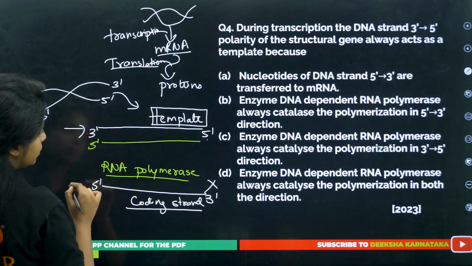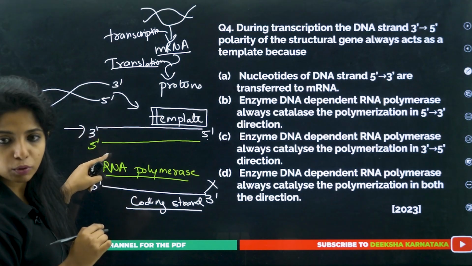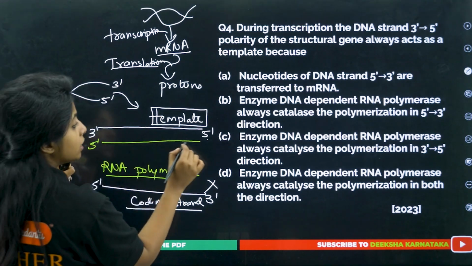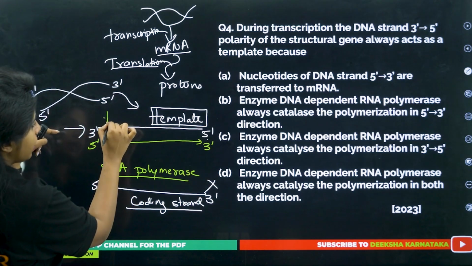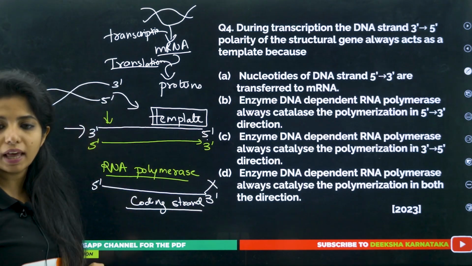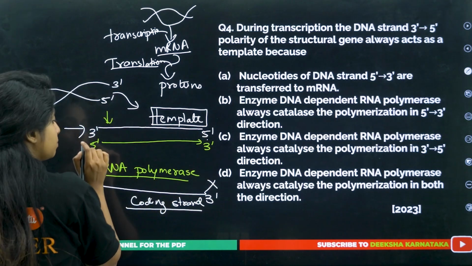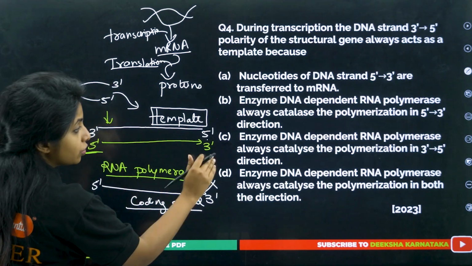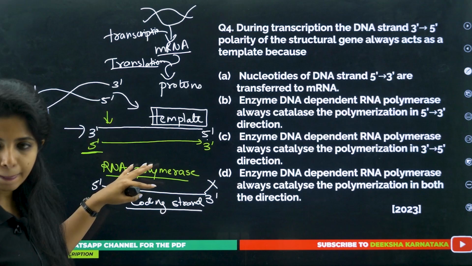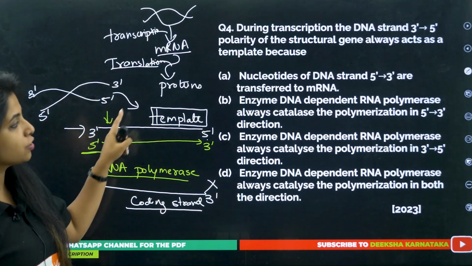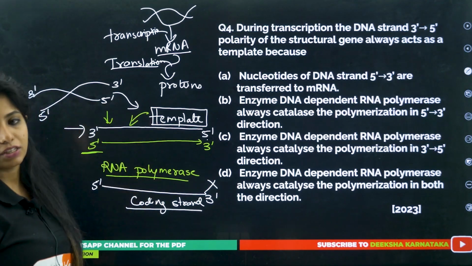So you know that it has to be the opposite one that should be coming over here always. So if it is going to make from 5' to 3', then obviously it will be choosing this strand that is having 3' to 5' polarity. So RNA polymerase makes things in 5' to 3' direction, which is why, my dear children, this particular strand is chosen to be the template strand.